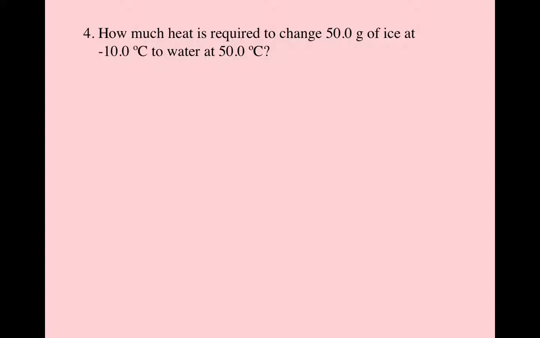How much heat is required to change 50.0 grams of ice at negative 10.0 degrees Celsius to water at 50.0 degrees Celsius? So the interesting thing about this problem is there's actually a few different steps that we need to consider. The first thing that has to happen is the ice has to heat up. And when we have a substance changing temperature, we're going to use E equals mc delta T. Then the ice has to melt.